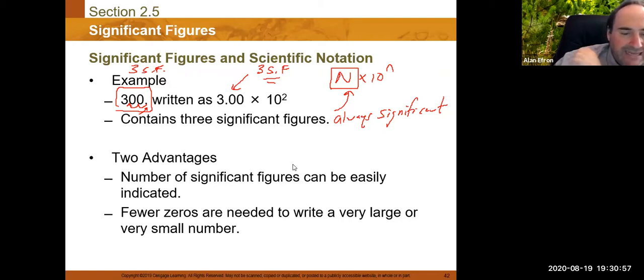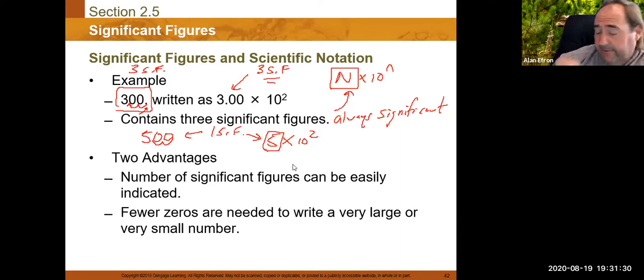You should always maintain the same sig figs as you go from one way to the next, which means if I wrote 500 like this with no decimal, this has 1 significant figure. So when I write scientific notation, it should be 5 times 10 to the 2. 1, 2, 1 significant figure. So as you go back and forth, you shouldn't lose any significant figures. You shouldn't gain significant figures either.